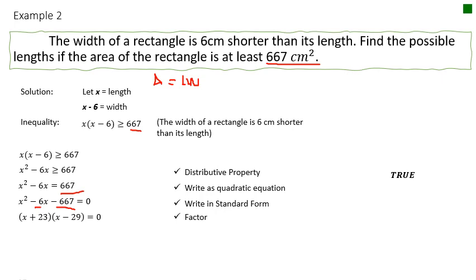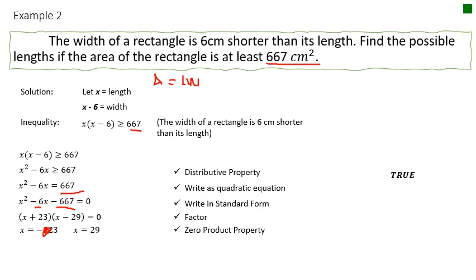Next natin, equate natin both factors by 0 and then get the value of x. We have x is equal to negative 23 and x is equal to positive 29.